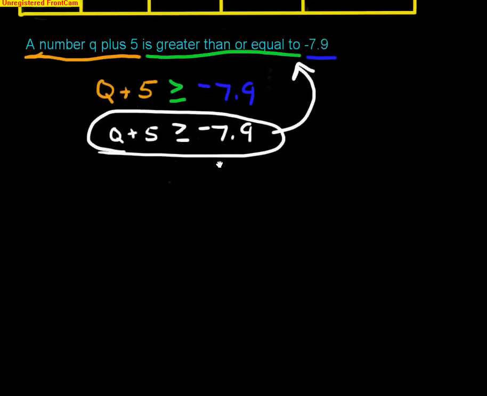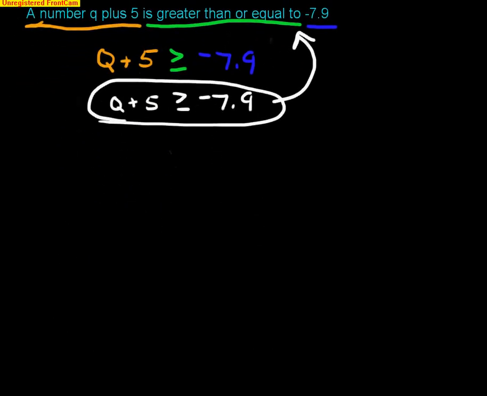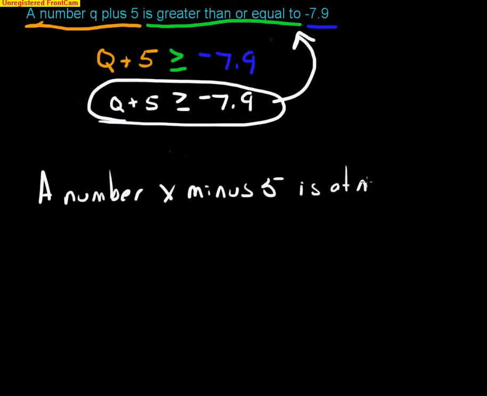So let me slide that up just a little bit, and let's look at this one. How about if we said, okay, a number x minus 5 is at most 10.